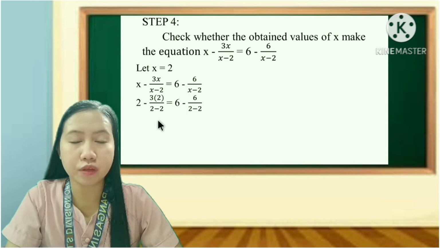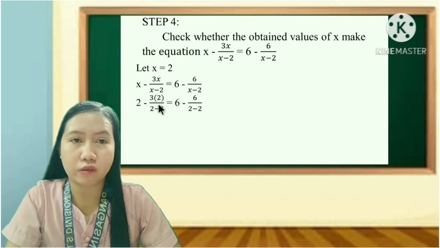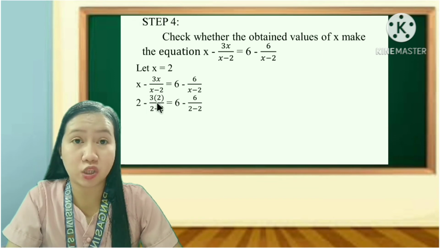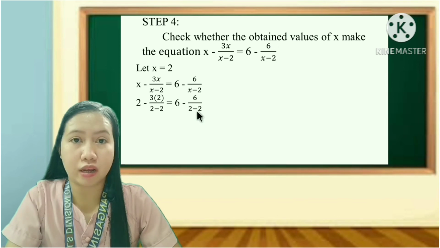So let's simplify. So 2 minus 3 times 2, this is 6, all over 2 minus 2, this is now 0, and this will become imaginary. And next we have 6 minus 6 over 2 minus 2. Again, this is 0. So if we divide 6 by 0, that will be imaginary.